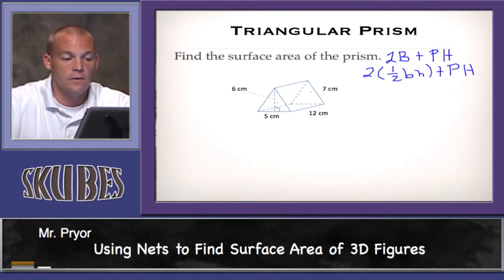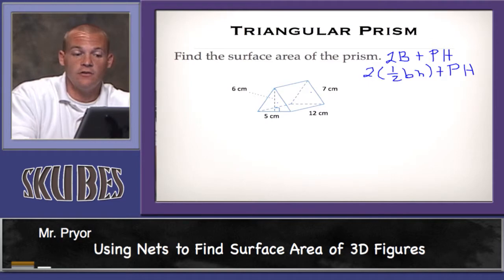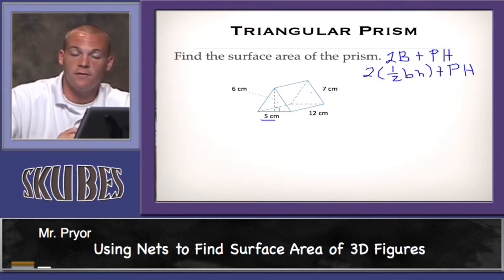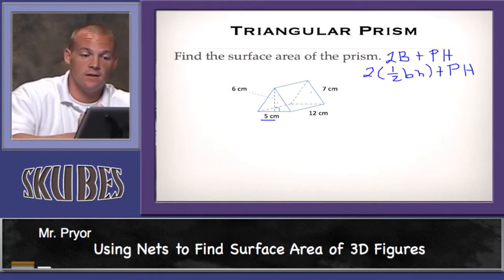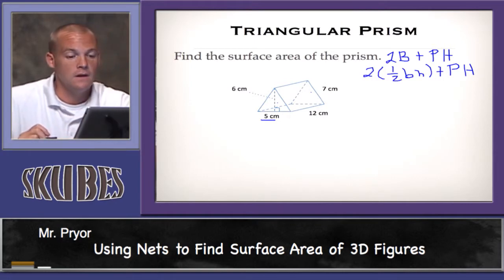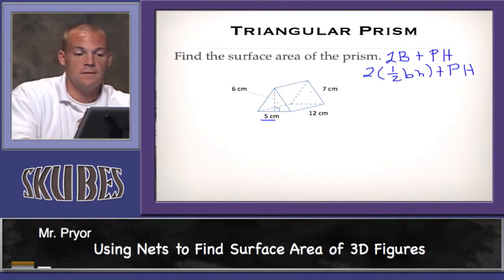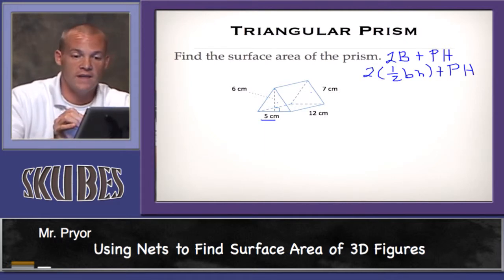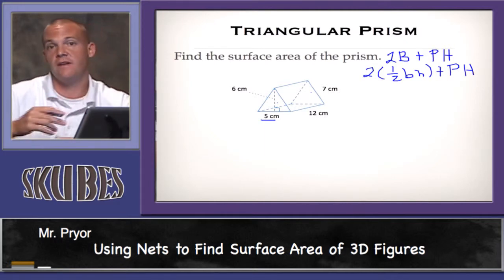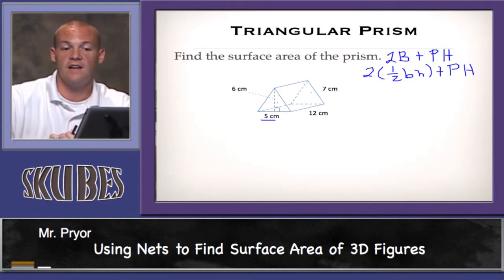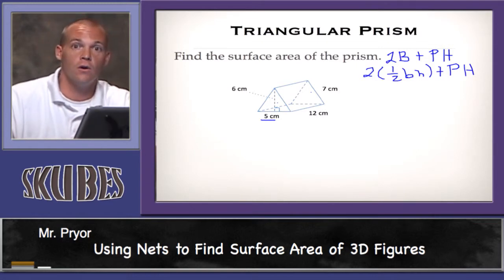Okay, so now we're going to start substituting in some values here. The base and height of our triangle would be 5 and 6. Okay, 5 runs along the bottom of our triangle, and 6 is going to represent the height. Alright, 6 being the height in this case means that we need to use that as the lowercase h and not the uppercase H, because the lowercase h is a part of the area of the triangle only.